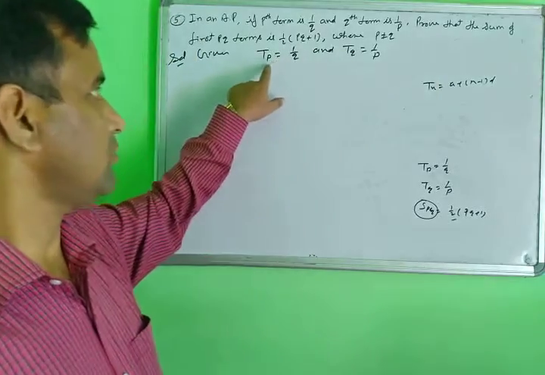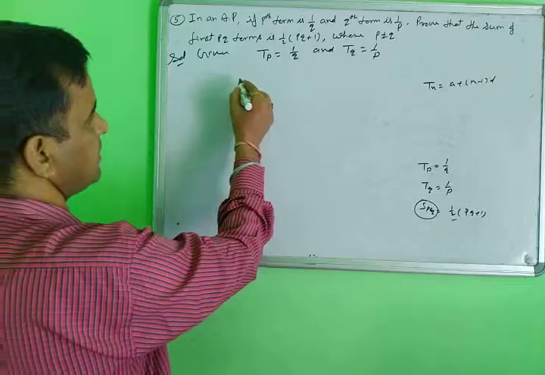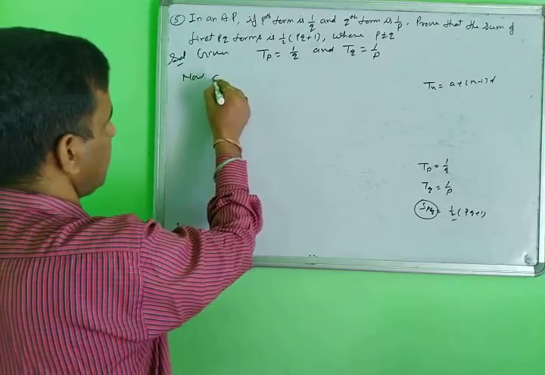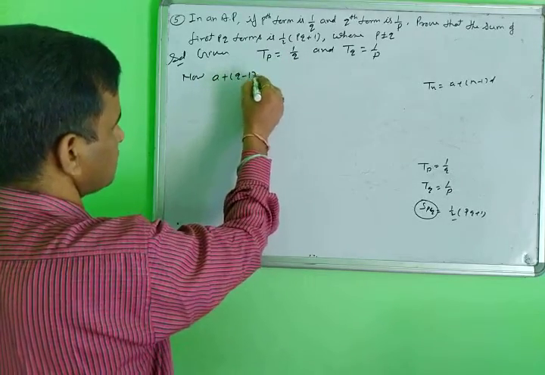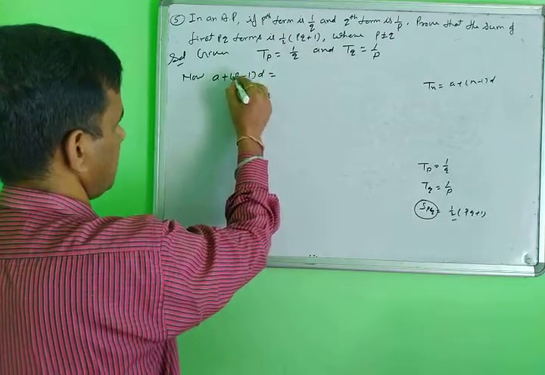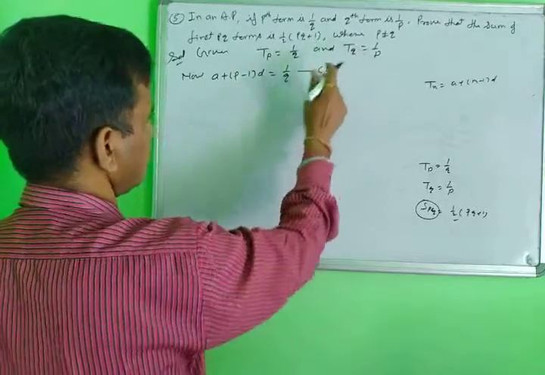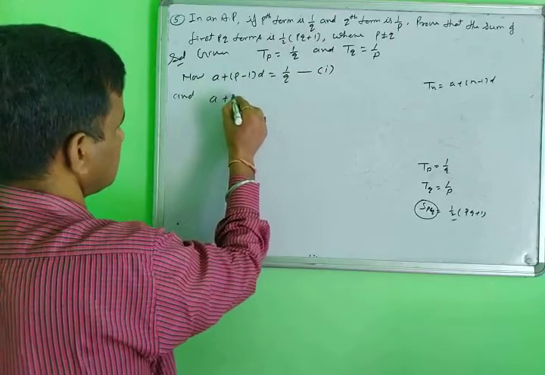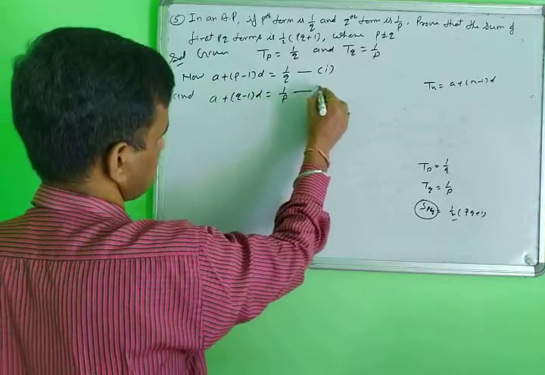So in place of Tp, using this identity, a plus p minus 1 d equal to 1 upon q. This is equation first. And a plus q minus 1 d equal to 1 upon p. This is equation second.